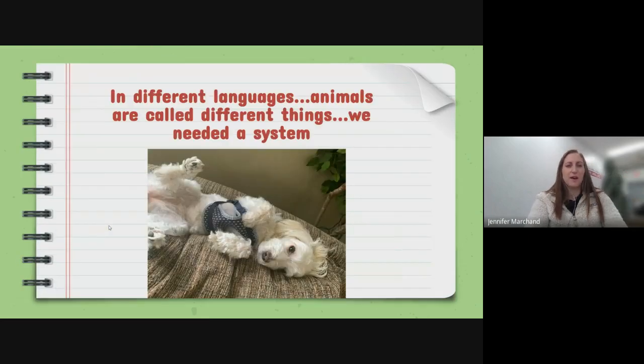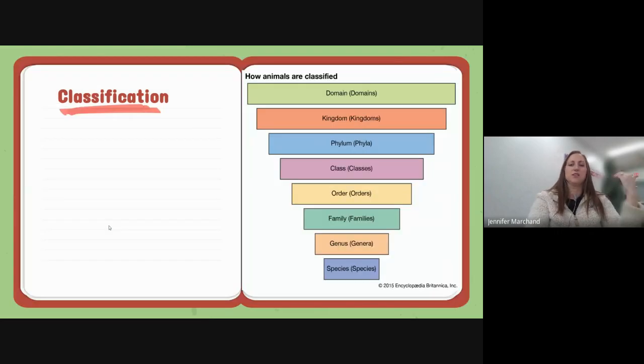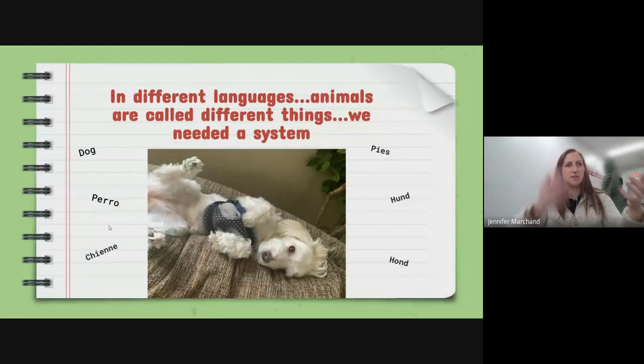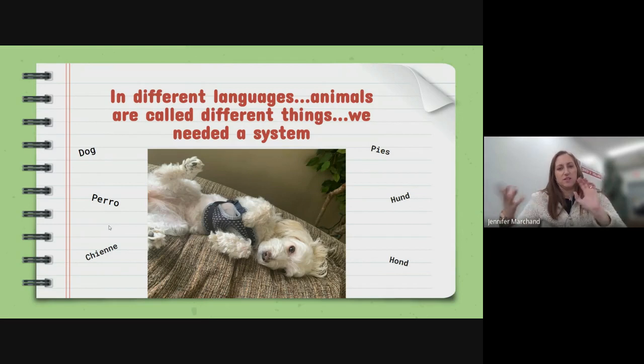Well, here's why. In English, we call it a dog, but in Spanish, they call it perro. In French, they call it chien. In all these different languages, there are different words for this animal. Same thing with elephant, same thing with pine tree. There are different words in all these different languages for different organisms.